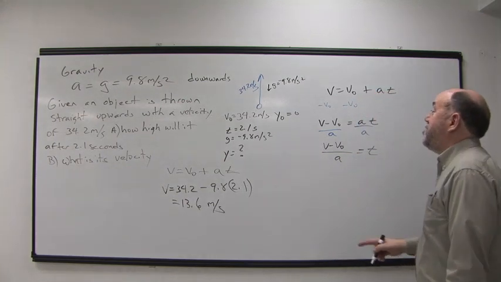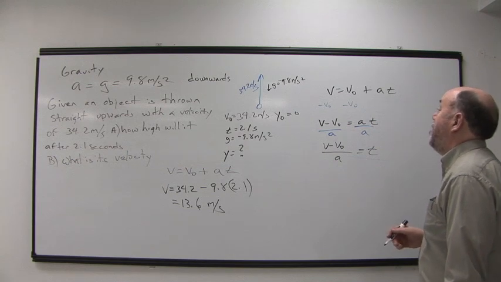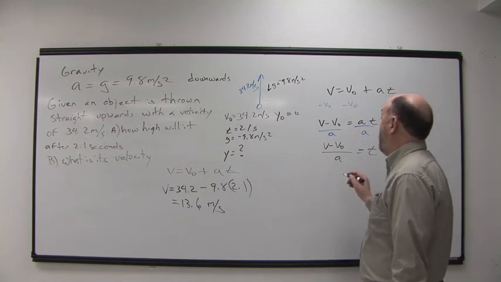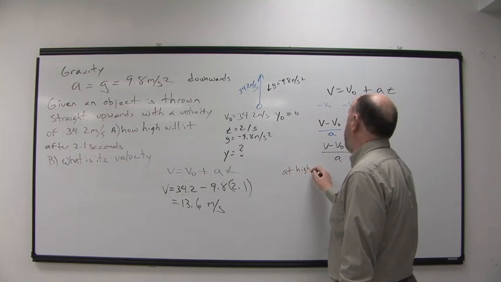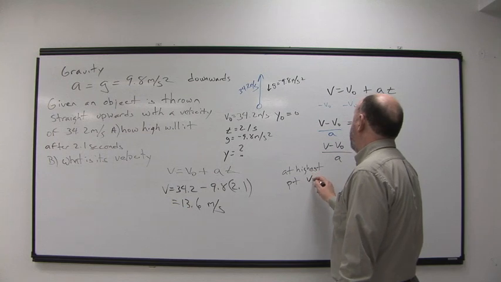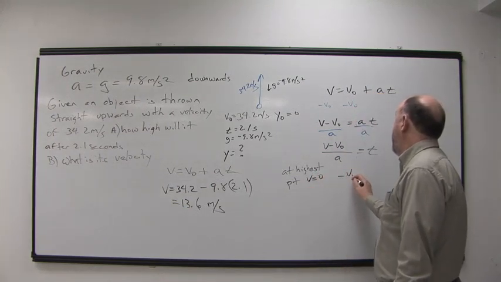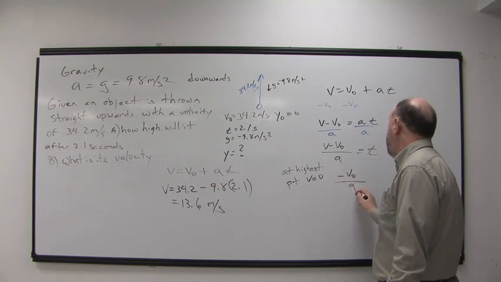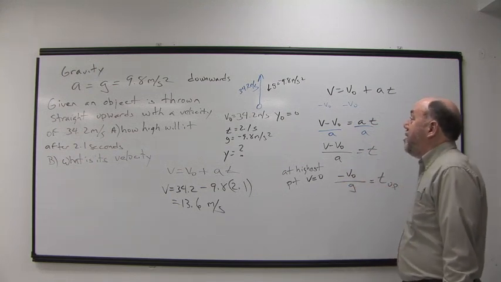So if we think in terms of this object going up, we know that at the highest point, when I throw an object up, that v is going to equal 0, and so we get minus v naught over g is going to equal the time to go up.